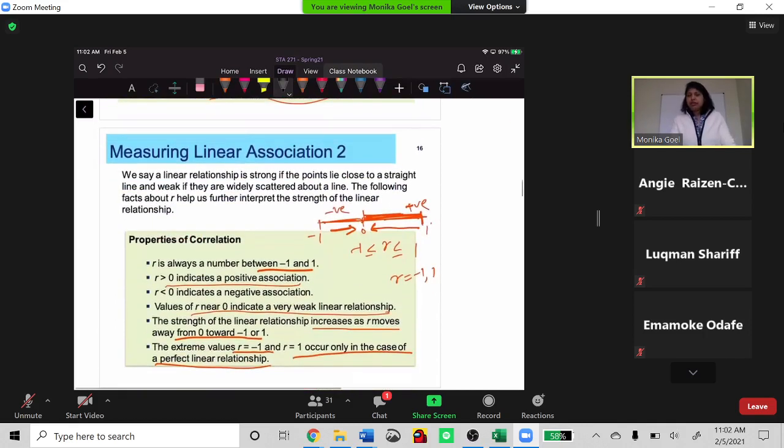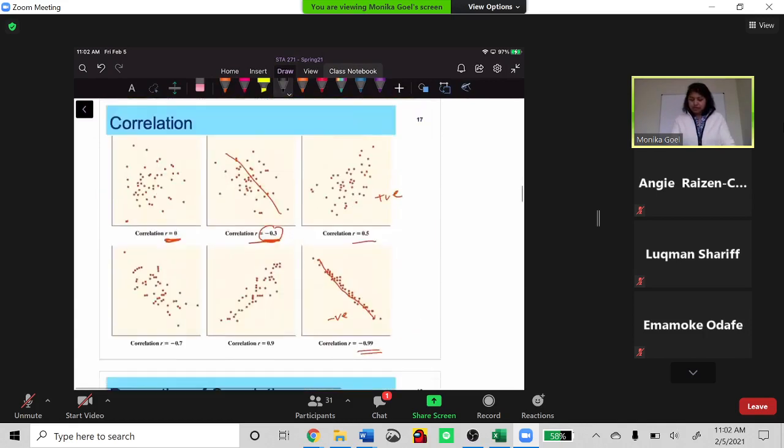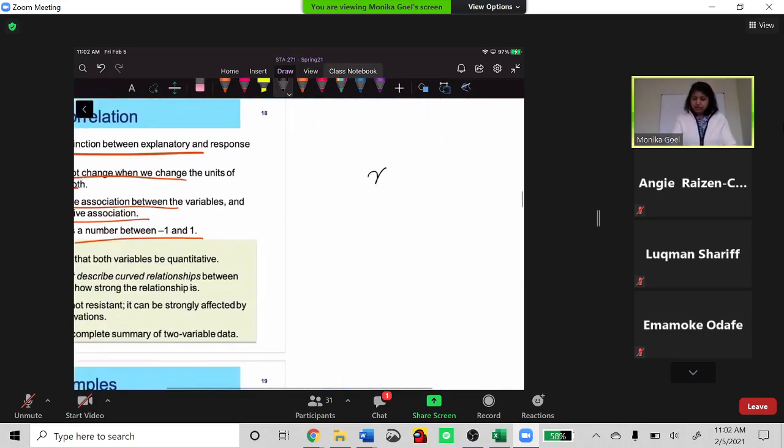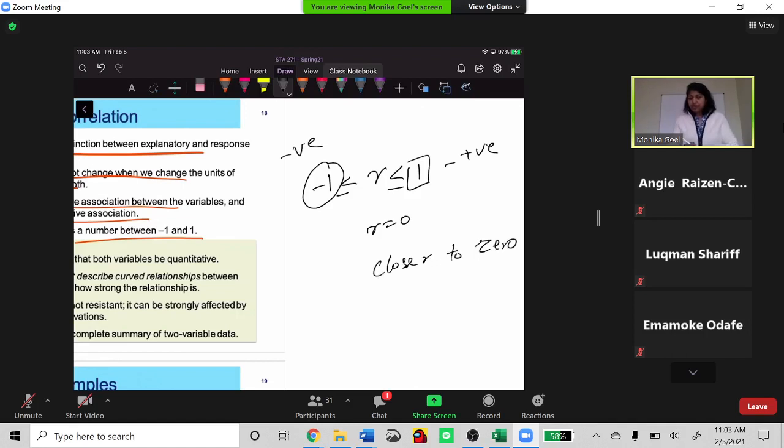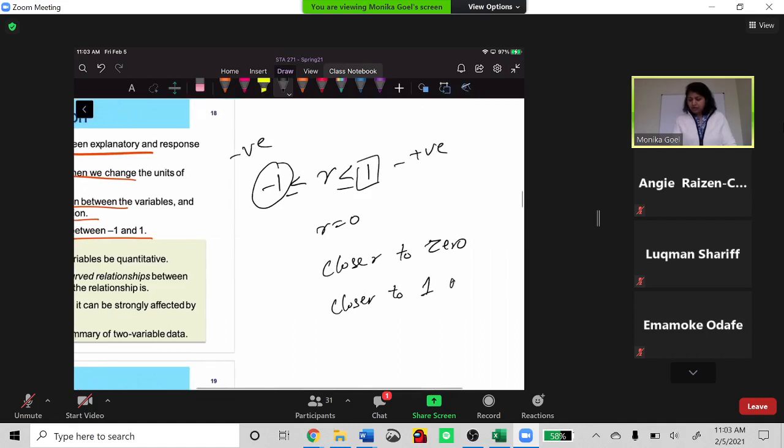We also discuss what are the properties of correlation. So let me just quickly go over with that. So when we talk about correlation R, it is a number between -1 and 1. So +1, perfect positive correlation, -1 perfect negative correlation, R equal to 0, no correlation, closer to 0, weak correlation, closer to 1 or -1, stronger correlation, or the strength is better because it's getting close to perfect positive or perfect negative.